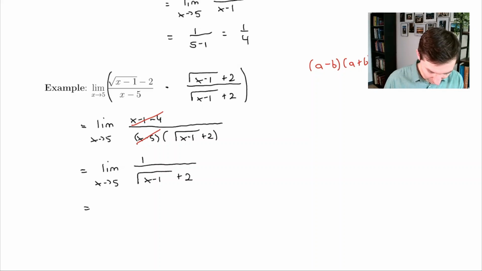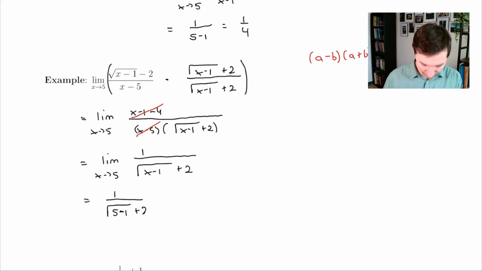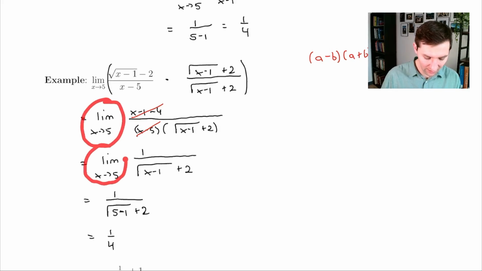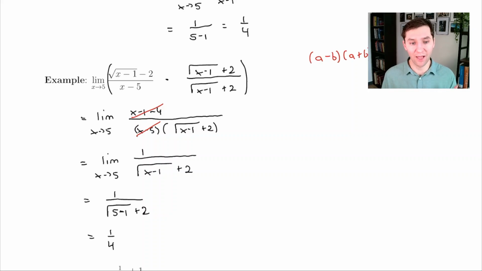And I get 1 divided by square root of 5 minus 1 plus 2. 5 minus 1 is 4, square root of 4 is 2, so that gives me 1 over 4. I want to point out how I kept rewriting the word limit up until I used the direct substitution property. The word limit disappeared only after I plugged in 5 to my expression.